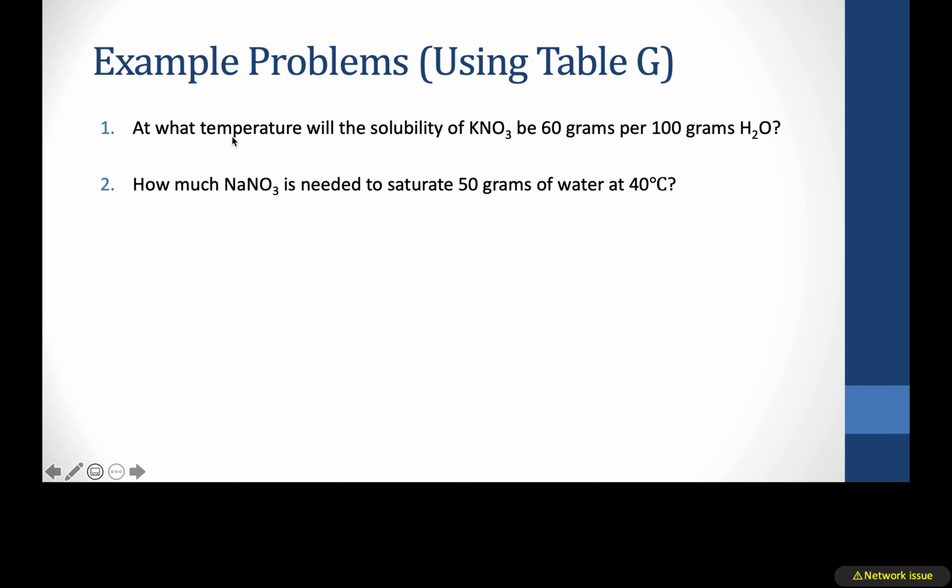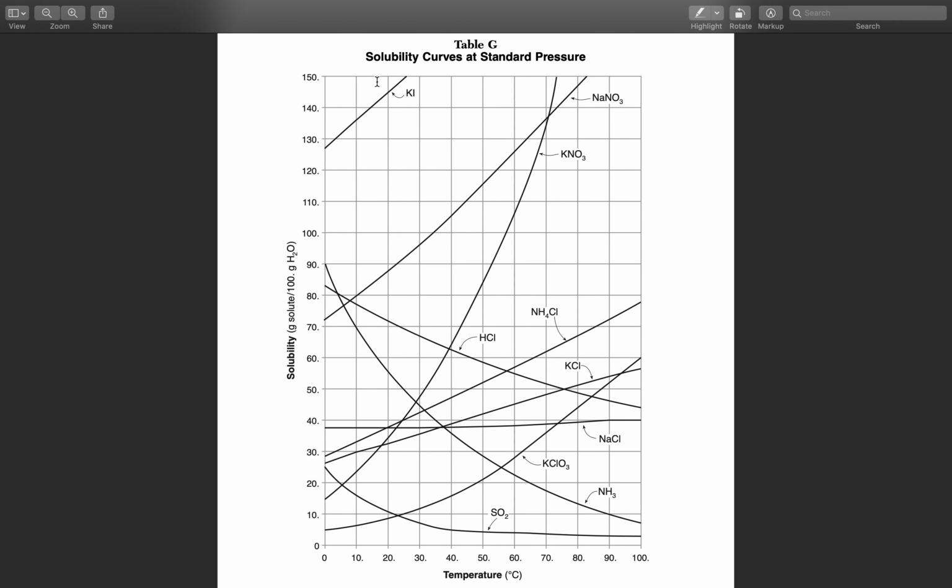Okay, so you might want to replay this part of the video, because number 2 here is a little tricky. You've got to remember, our table is based on the grams that can dissolve at different temperatures in 100 grams of water. So we did our 40 degrees, went up to NaNO3. A lot of people might just stop there and say, oh, you can dissolve 106 grams.